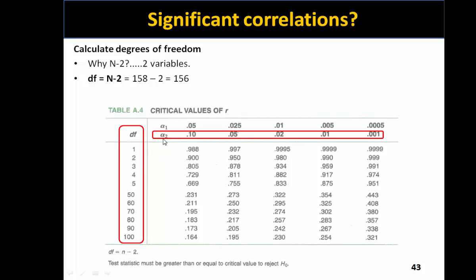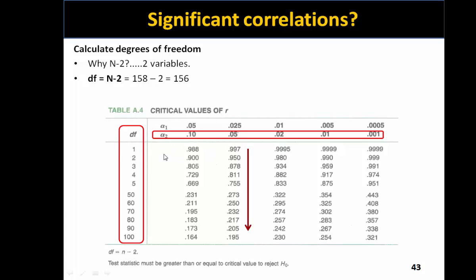So we focus on alpha 2 because we decided to go with the non-directional approach and keeping our mind open to the possibility that it could be a positive correlation or it could be a negative correlation. And so we select the 0.05 level, and this has arbitrarily in history been the default level of statistical significance.